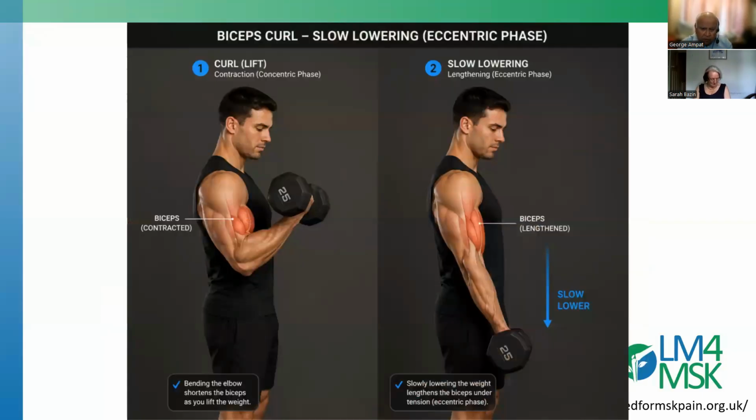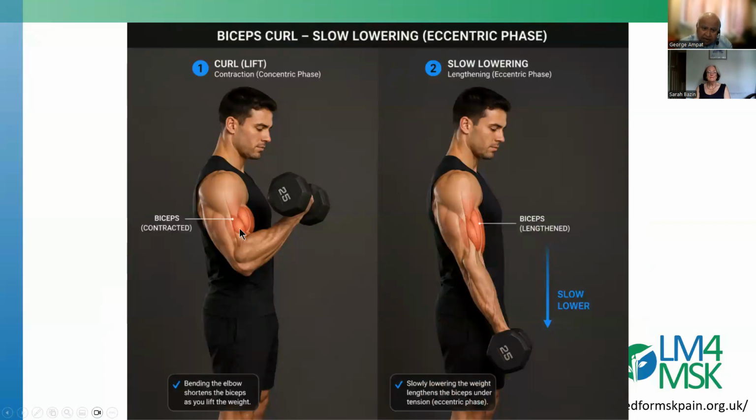But before we go to exercises, I just want you to understand two different types of exercise or motion. One is a concentric, the other one is an eccentric. Now you can see this gentleman taking a dumbbell and bending his elbow. When he is lifting the dumbbell up, that time the biceps is contracting.